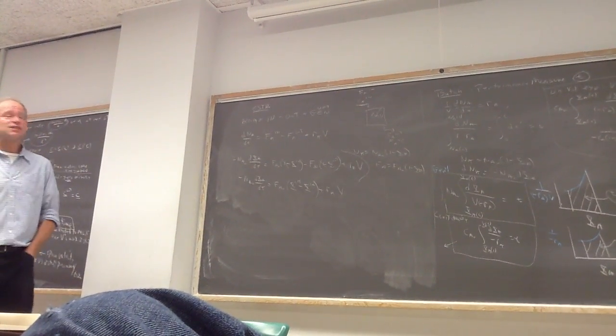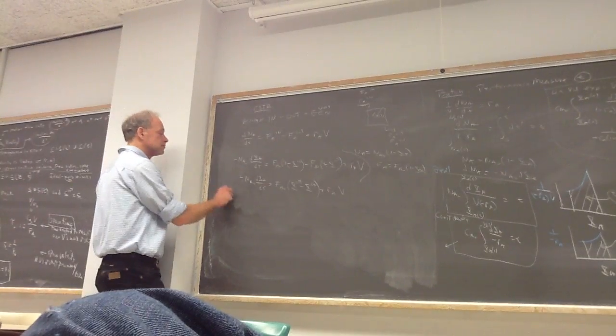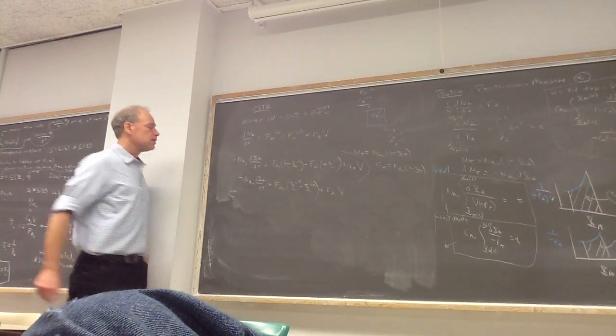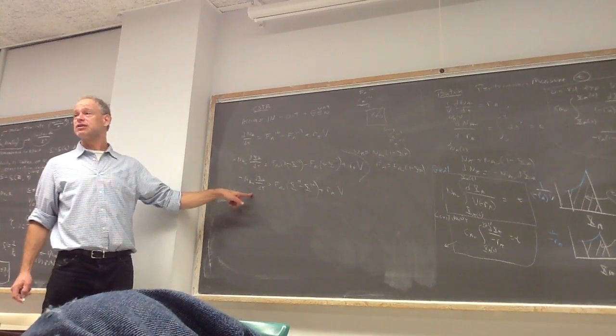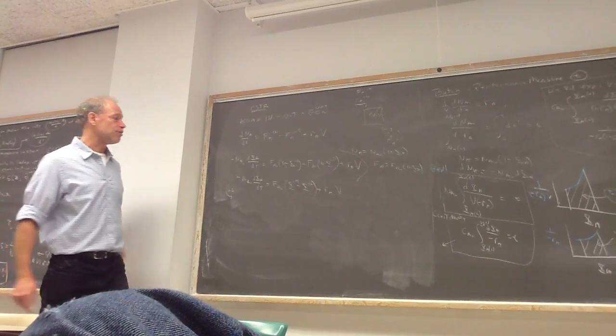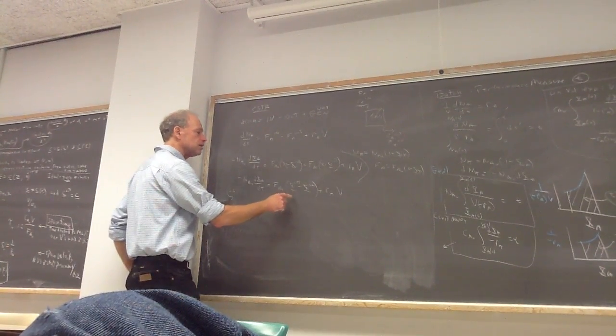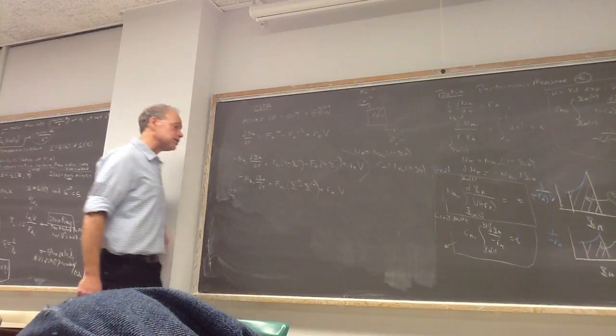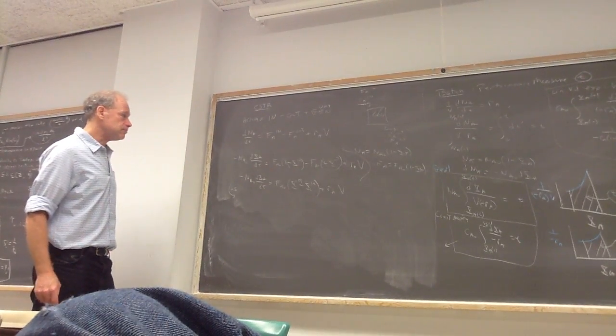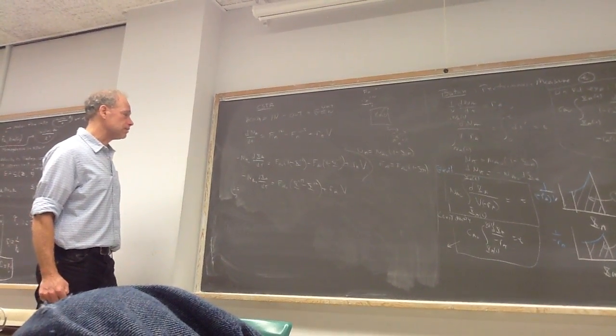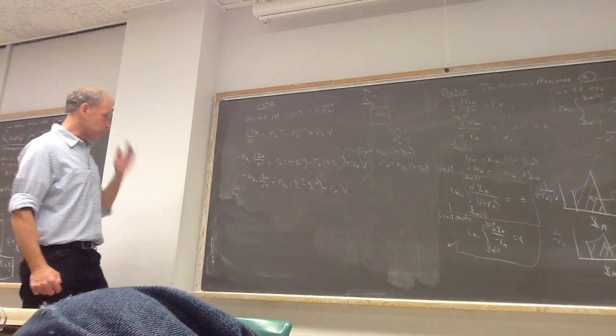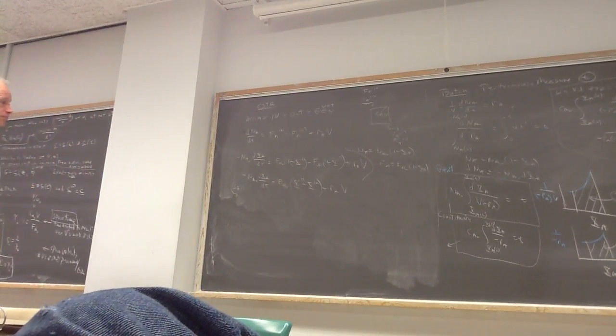If we specialize it to steady state, then the time derivative is 0. At steady state, the time derivative is 0, and I can separate things out. Well, actually, before I separate things out, I might want to rewrite something.